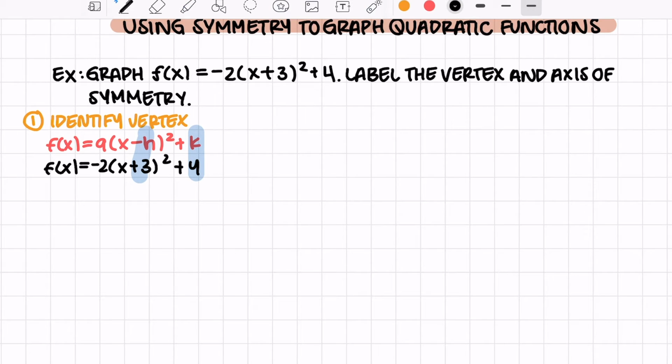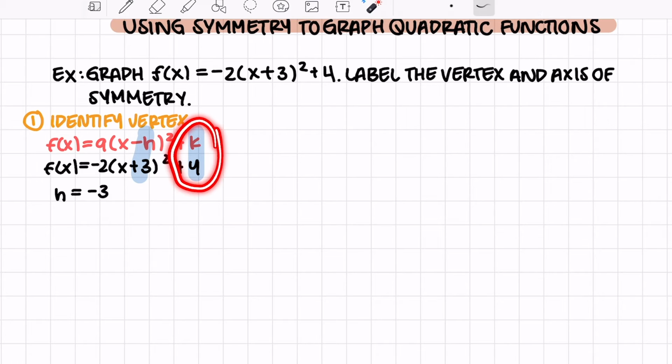My h, and this is always the important part, is always the opposite of what's given. So if I have a positive 3 in my h value, it switches to a negative sign. If it was a negative 1, it would change to positive. But since we have positive 3, h is going to equal negative 3.